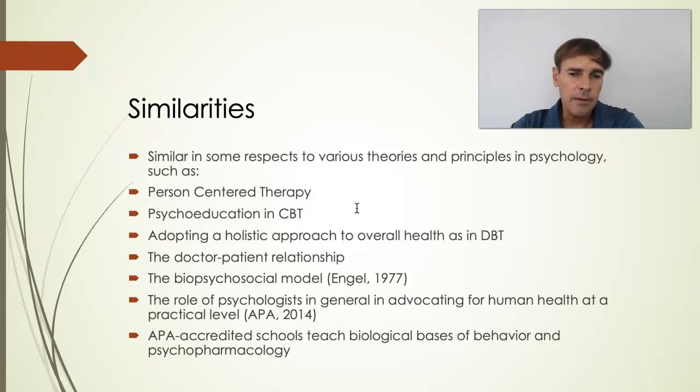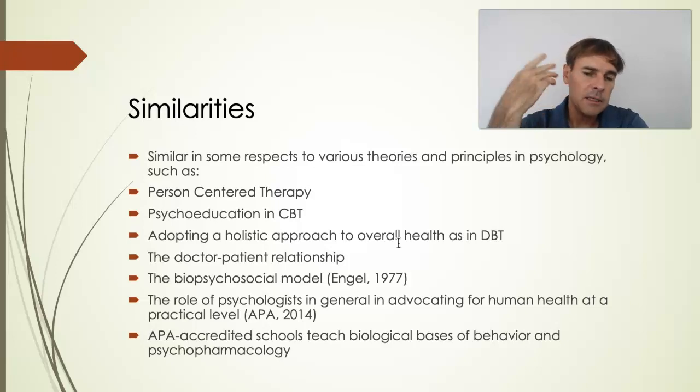It's kind of in there, and you just have to help them bring it out. Cognitive behavioral therapy includes a strong psychoeducational component. Dialectical behavior therapy, DBT, also incorporates a pretty holistic approach: how do you use and capitalize on sleep, exercise, diet, and relationships as part and parcel of your overall well-being.